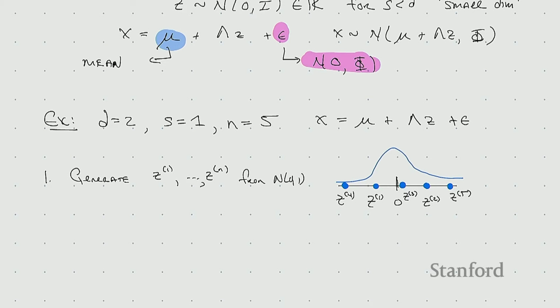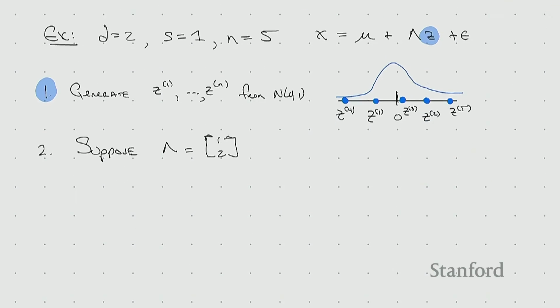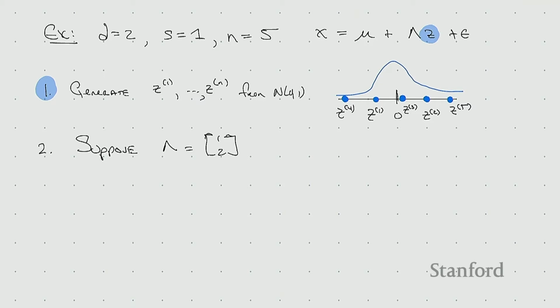Now, second, what happens? So far I've done this piece. This character is handling this. Now I map by lambda. Let's suppose we've already learned lambda, so lambda is equal to 1, 2. Now we're getting fancy.